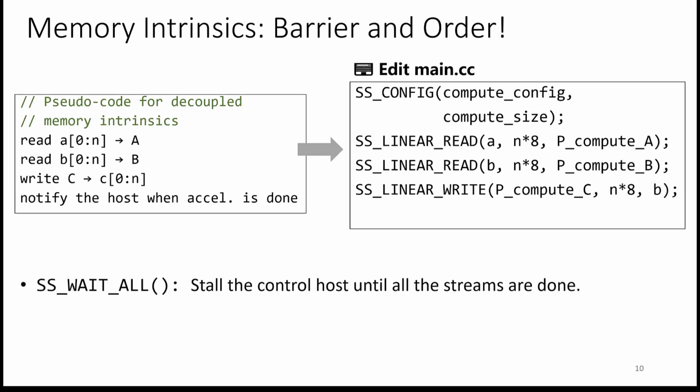Say the control host assigns a bunch of jobs for the spatial architecture, but the control host doesn't know when the spatial architecture is done. So we provide an intrinsic as a barrier, SS wait all. This intrinsic may block the execution of the control host until the spatial architecture gives feedback, saying, I'm done with all the computation.